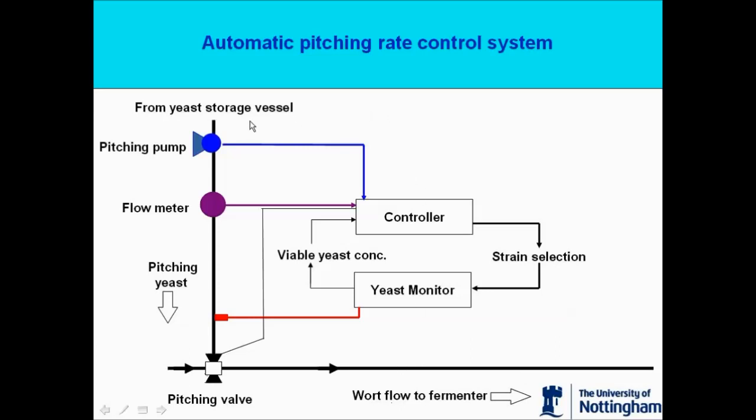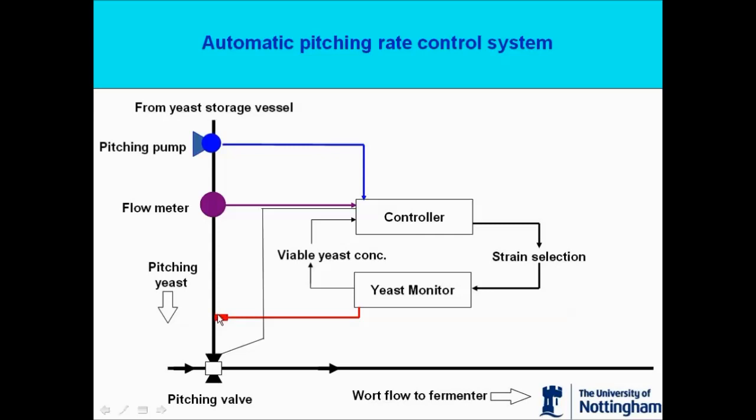And as is normal practice, you have yeast within a storage vessel that's been pitched into that wort as it moves into the FV. So if you put one of the yeast monitors into the yeast pitching main, then the yeast monitor gives you the viable yeast concentration at the point that the yeast is passing the probe.